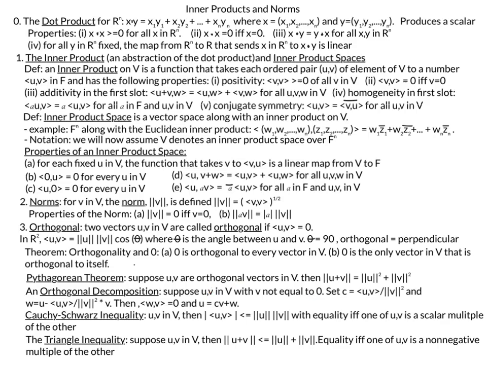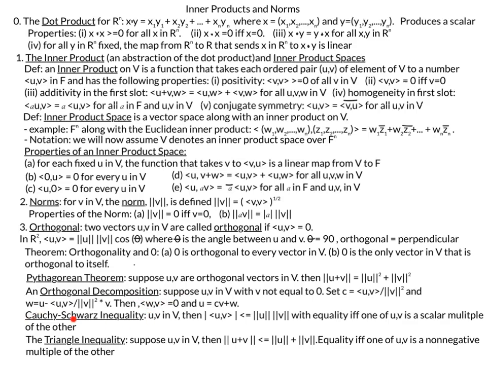Then we would set c, our scalar multiple of v, equal to the inner product of u, v divided by the norm of v squared, and then w, our vector perpendicular to v, would be equal to u minus the inner product of u, v divided by the norm of v squared times our vector v. And hence, u would be equal to cv plus w, and also, w is perpendicular to v.